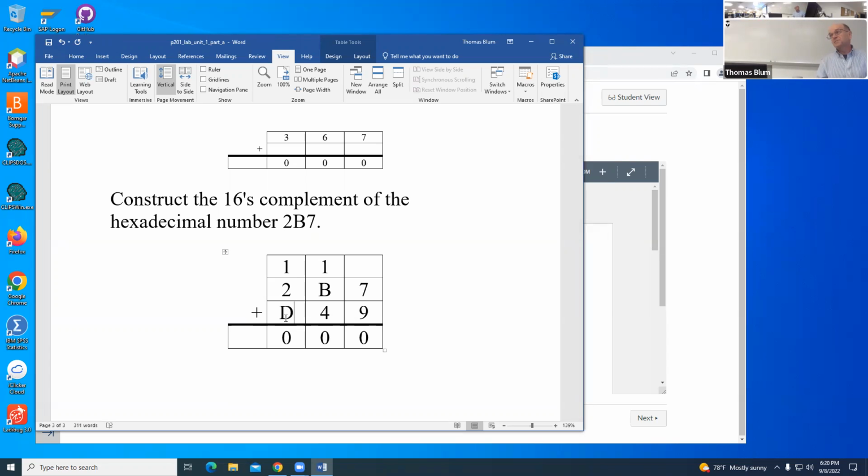Now let's check. I like to check. There would be a carry here if you want, but you don't need to do that because it's not there. It's only a 3 digit hexadecimal number. It's essential that we are working with a finite system. Okay, so let's check it.